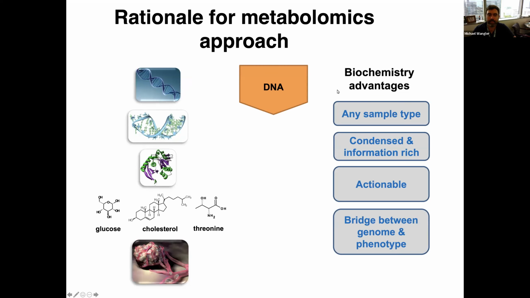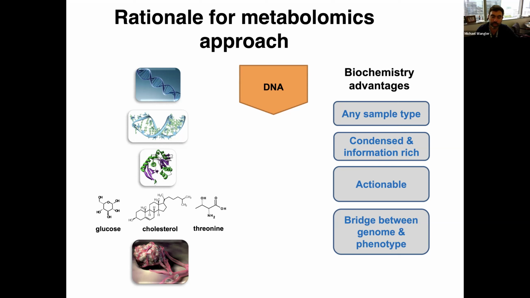So the idea behind taking a metabolomics approach is that we all have encoded in our genomes genetic determinants, but in between our genetic determinants and the actual traits or medical conditions that we have stands our overall biochemistry.